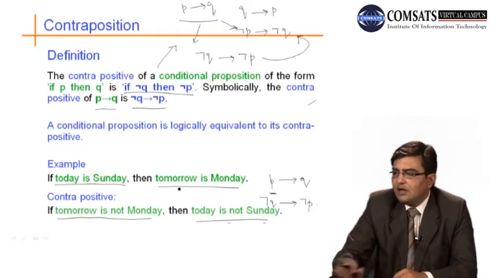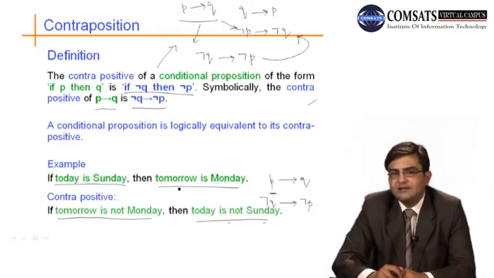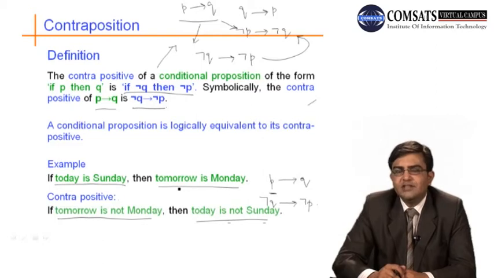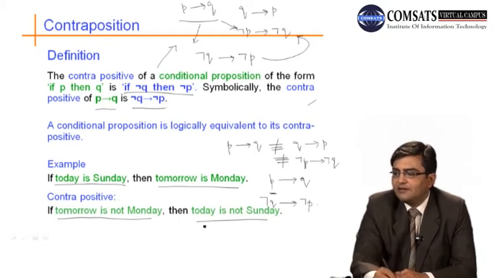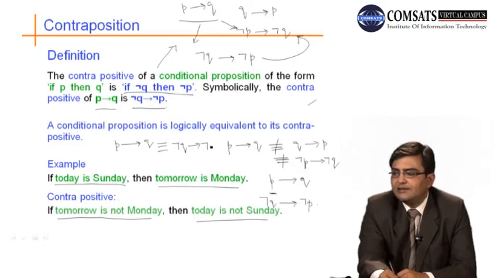One more thing, I have told you that the converse and inverse of conditional statement P implies Q are not logically equivalent to it. Meaning P implies Q is not logically equivalent to Q implies P, and also not logically equivalent to not P implies not Q. But the contrapositive of a conditional statement is logically equivalent to its conditional form P implies Q. That is, if we have P implies Q, then its contrapositive, not Q implies not P, is logically equivalent to this statement.